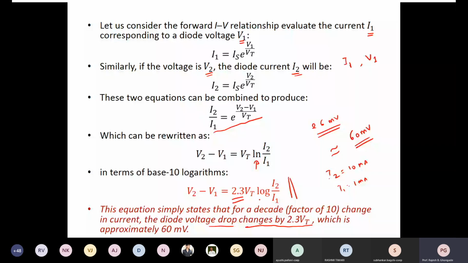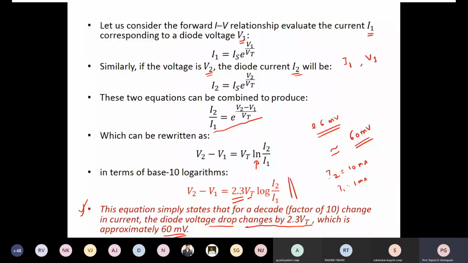So 2.3 into Vt, which turns out to be 60 millivolts. So again, an important concept, please note it down. For a decade change, a factor of 10 change in current, the diode voltage drop changes by 2.3 Vt, which is 60 millivolts. This is again an important relationship.